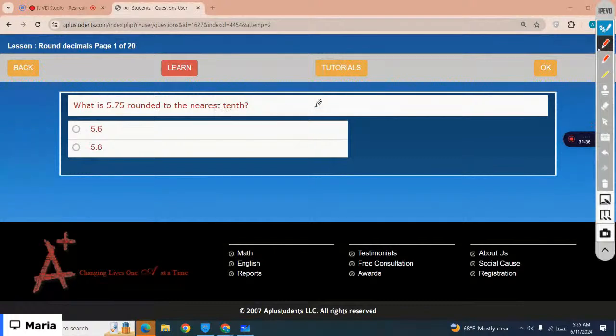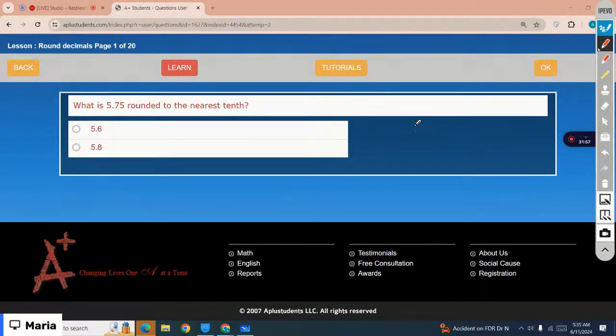So you have 5.75. That is the decimal, right? After the decimal, you have 7. Oh, sorry, you need to round to the nearest tenth. Nearest tenth it is, right?